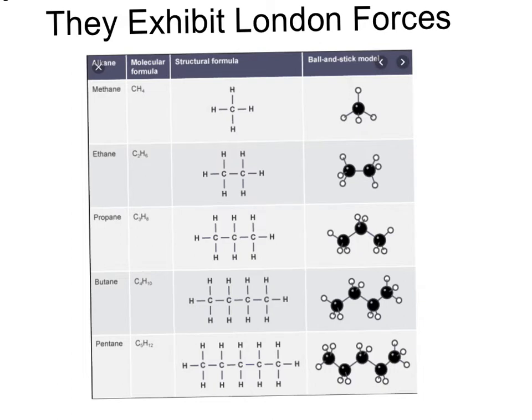And they're just getting larger, and you can see that there's this zigzag arrangement that reflects that sp3 hybridization. So they get larger and larger, and the interaction between them gets stronger and stronger.